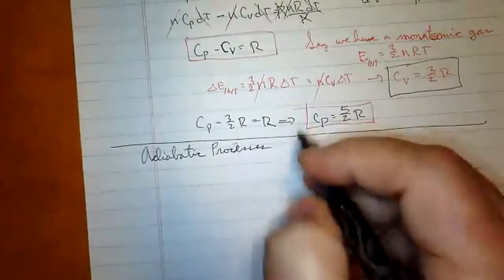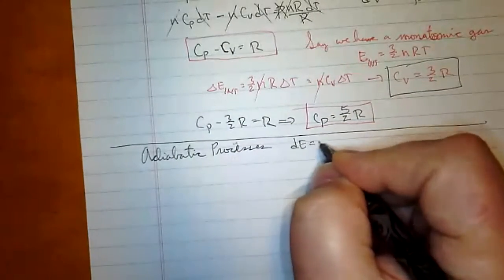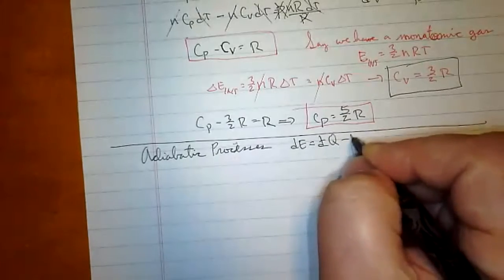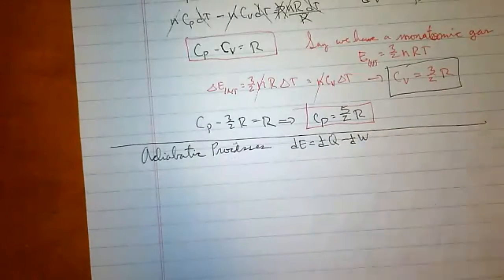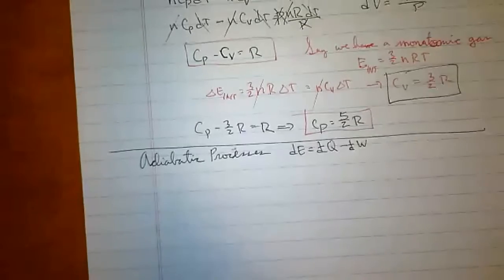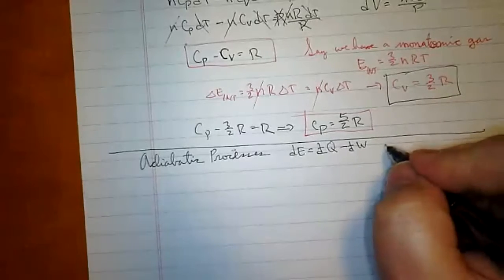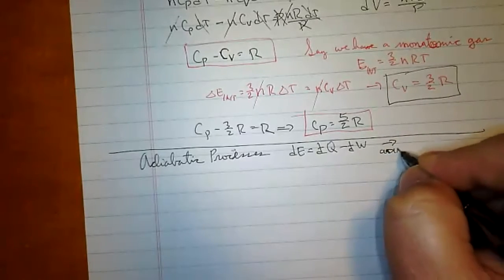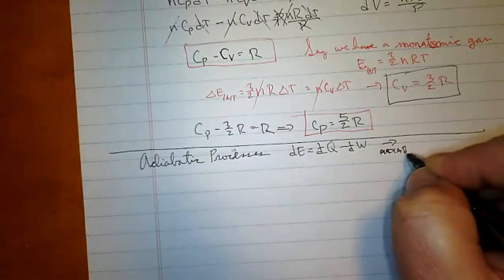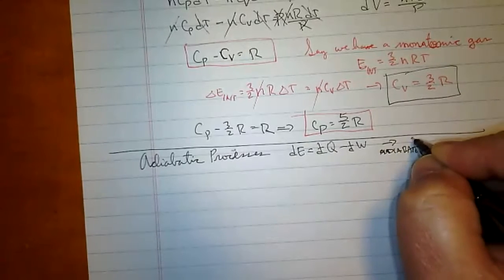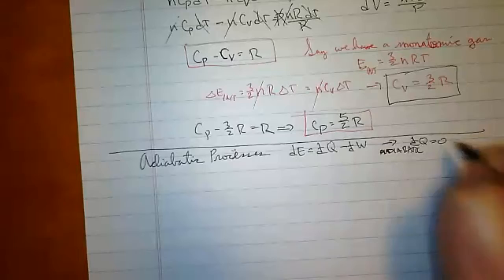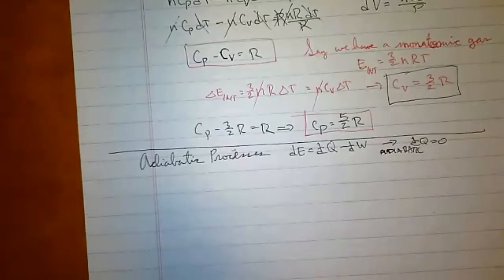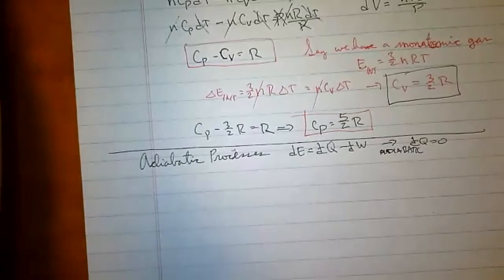So my first law of thermodynamics is always dE is equal to d bar Q minus d bar W. But in this case, adiabatic means d bar Q is equal to 0. Adiabatic means it's basically insulated, or it happens so fast that heat can't flow. Those are the two ways you get an adiabatic process.